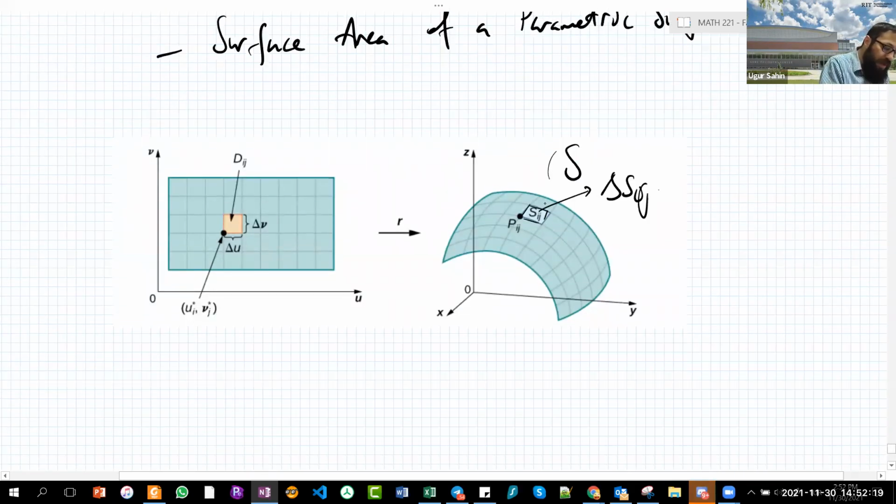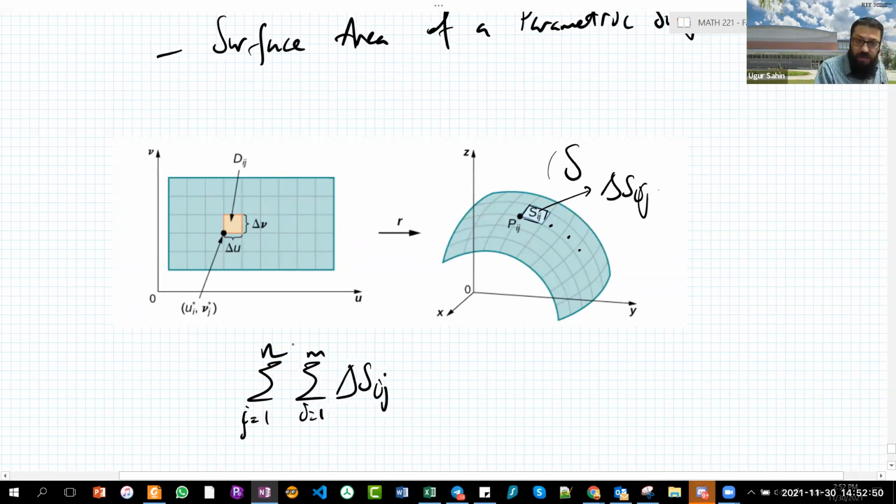As you see, there is a grid here, a grid for each S_ij. I can add all of those delta S_ij, the areas of those grid pieces. As you know, there are m times n pieces.